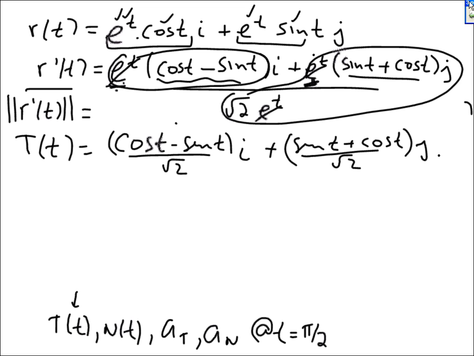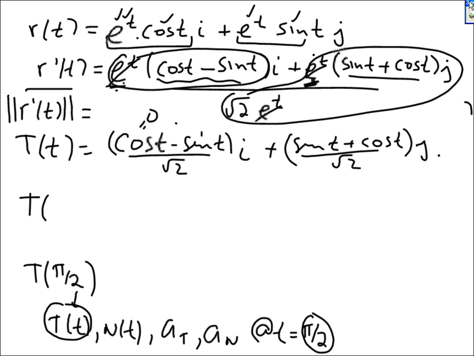I said from the very beginning we don't just want T of t, we want it at pi over 2. So let me do it down here. T of pi over 2. The cosine of pi over 2 is 0, and the sine of pi over 2 is 1.